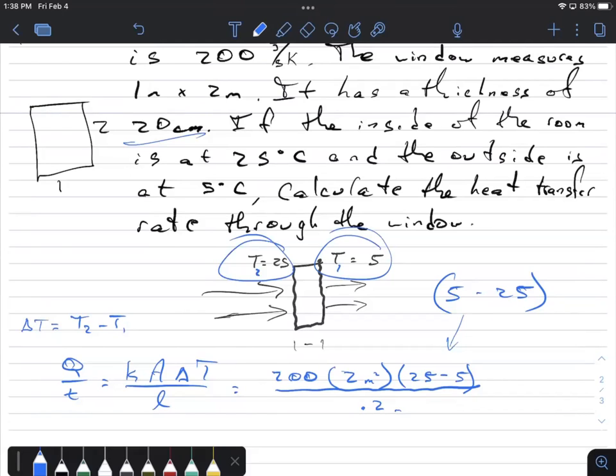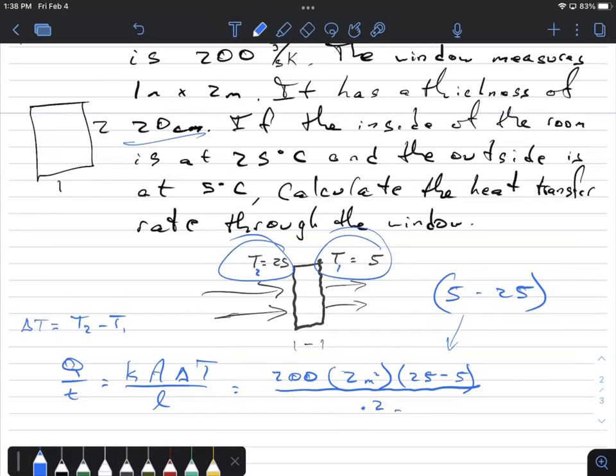So all of that is to say, if you labeled T1 25 and T2 5, then whenever you get your answer, if it happens to be a negative number, just make it a positive number. There's no problem with that. But anyway, there's all my numbers just sitting there. So all I have to do is multiply all this stuff out.